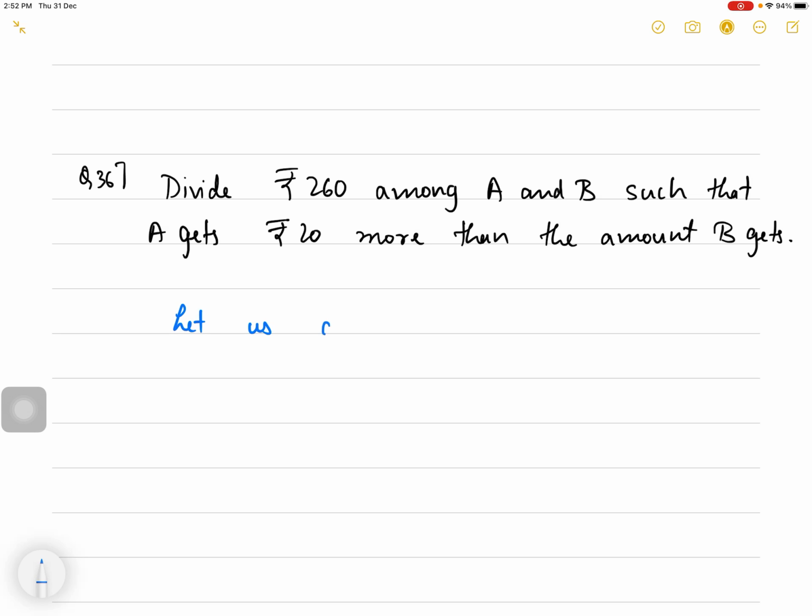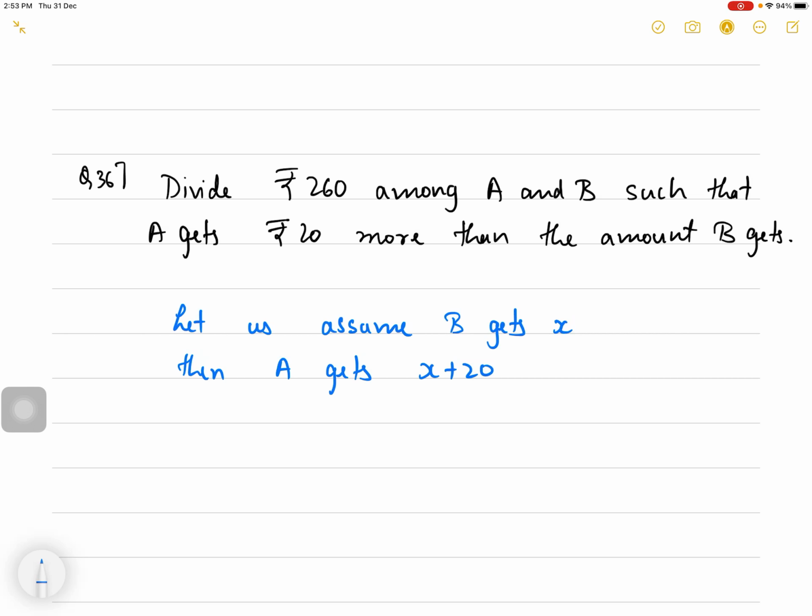Let us assume B gets X. If B gets X, then A gets X plus 20 because A is getting 20 more.